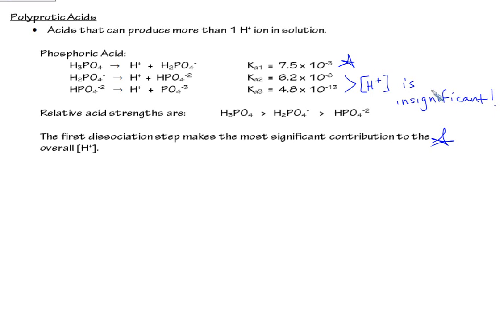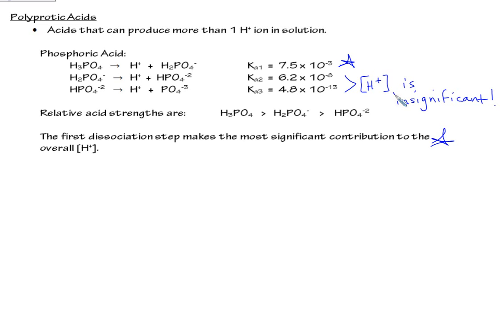It's so small that, to be honest with you, this can kind of be a good thing. Often when we calculate the pH of a polyprotic acid, especially something like this that might be a weak acid to start with, we don't need to set up multiple ice tables. We're just going to set up one ice table and we'll use the first K value.